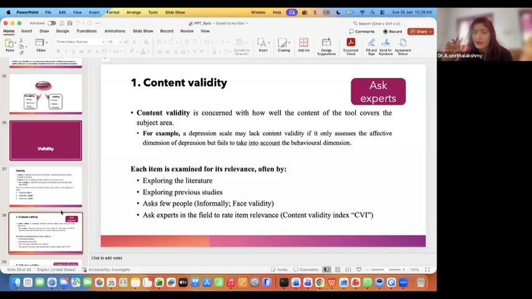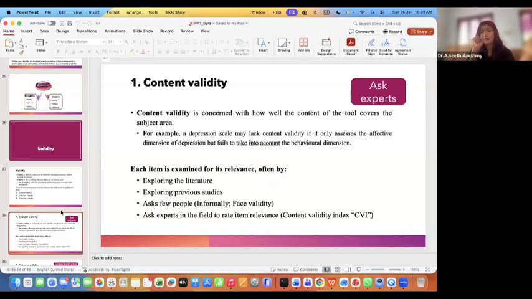Second thing, you need to compare with previous studies' questions. Whenever you are doing any research, the literature is very, very important. So look at your questions and then compare with the literature, the existing questionnaires. You just compare it. Okay, they meant it in this way, so if I mean it in this way, does that reflect the same?